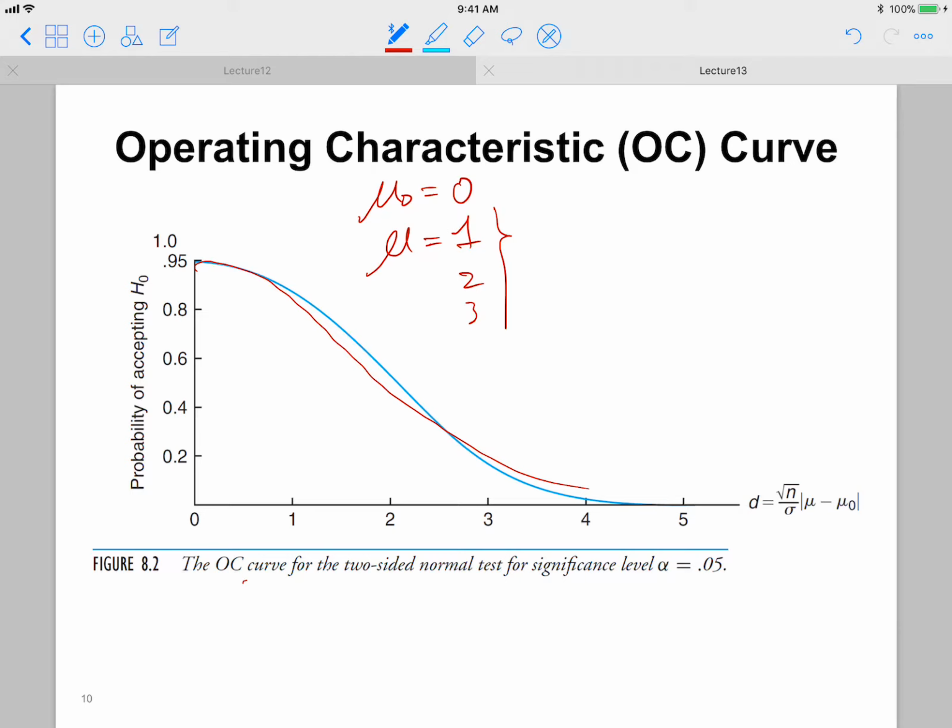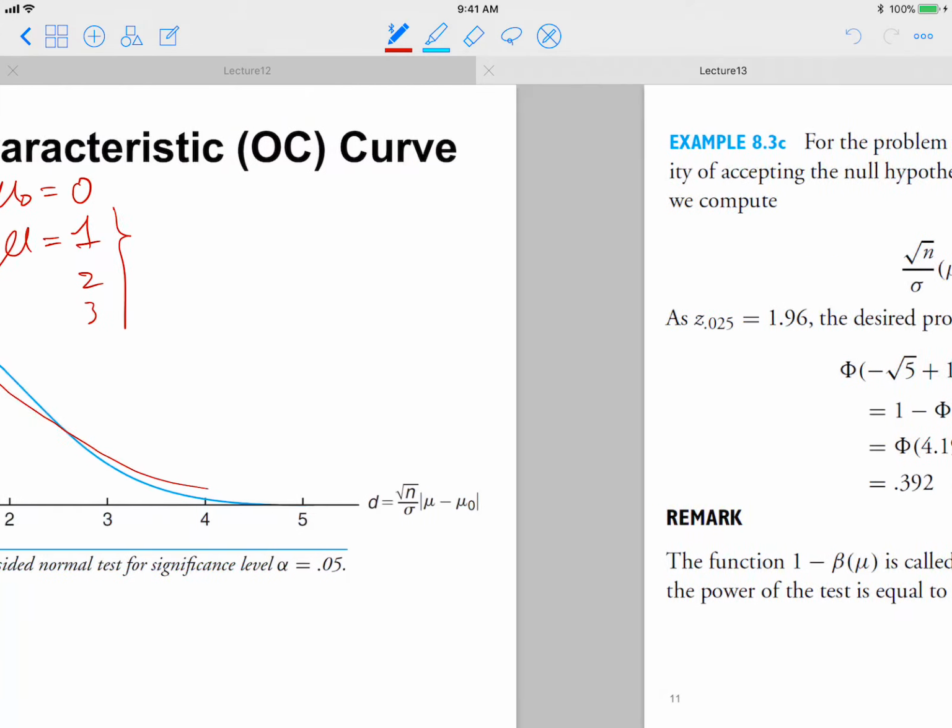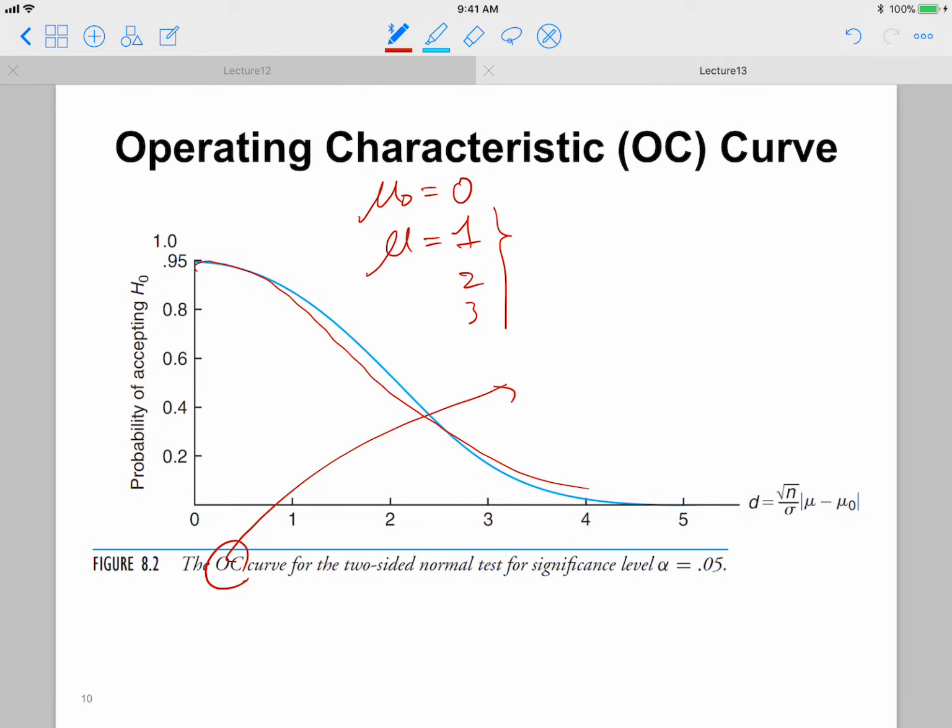Operating characteristic curve. And also, has anyone heard about this ROC curve? I think it's the same thing, but it's a receiver operating characteristic curve. And anyone heard about it? Okay.